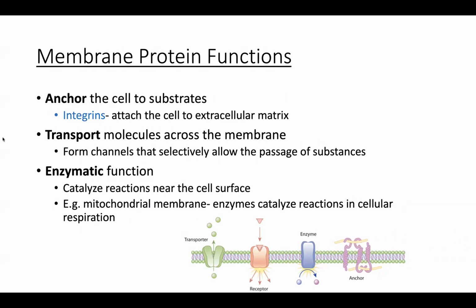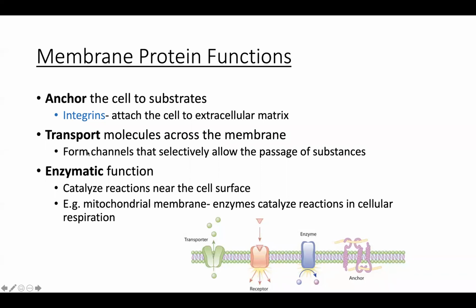And so we may have some proteins there that have enzymatic activity, okay? We know that enzymes are very important in maintaining homeostasis in terms of catalyzing reactions. Okay, so by definition, proteins that have enzymatic activity are going to function to catalyze reactions near the surface of that cell. Okay, so chemical reactions do take place.